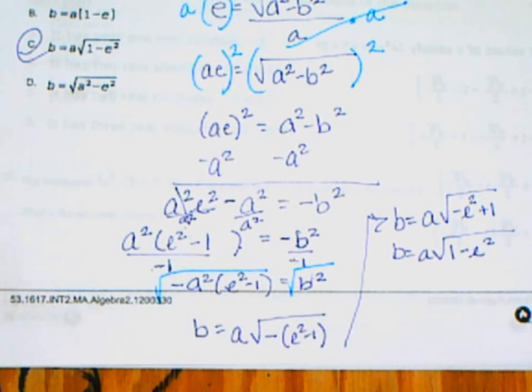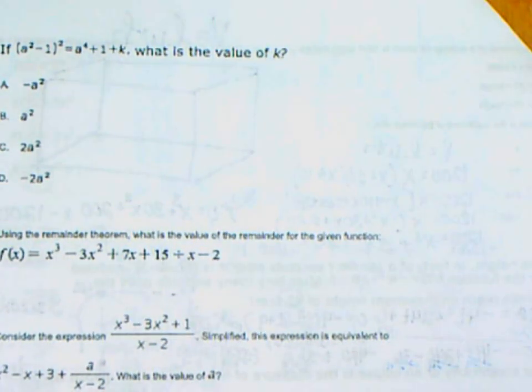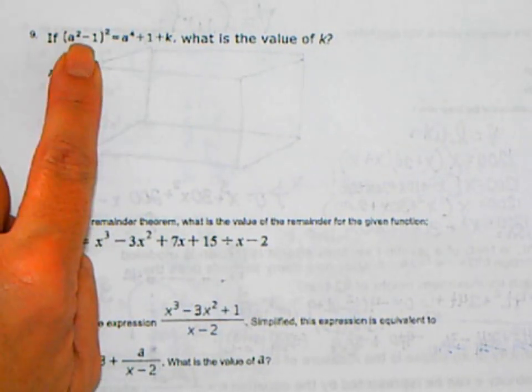All right, number 9. If a squared minus 1 quantity squared equals a to the 4th plus 1 plus k, what is the value of k? I thought this was a weird question. What I'm gathering is that they're saying, obviously the left side is equal to the right side.